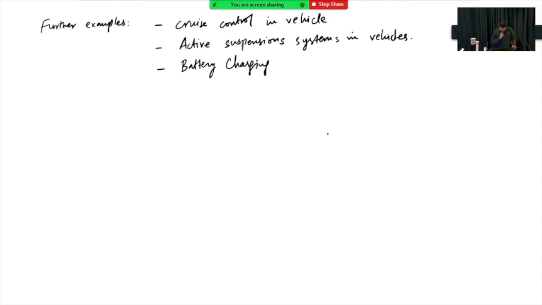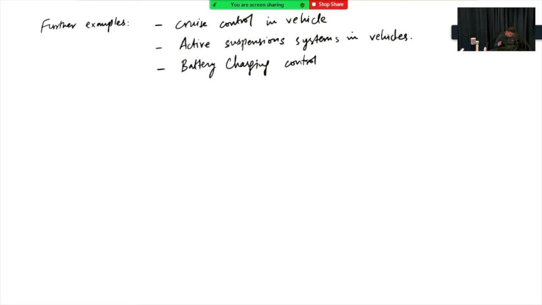So the goal of this course is really to orient you with the tools that can help you design efficient controllers. And these are some applications also to help you decide what projects you want to do. Okay.